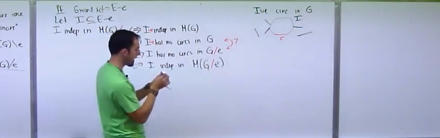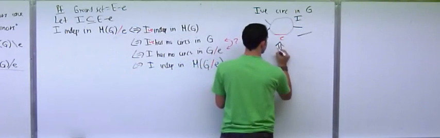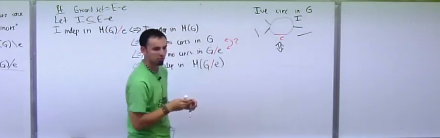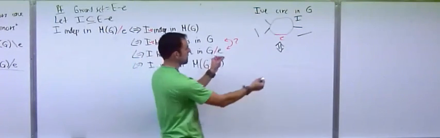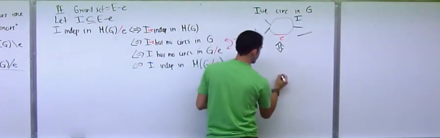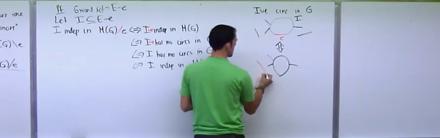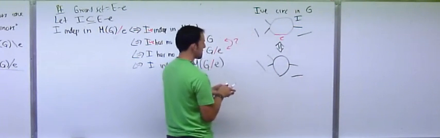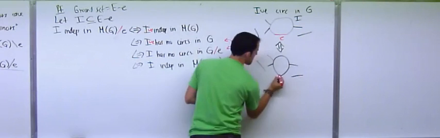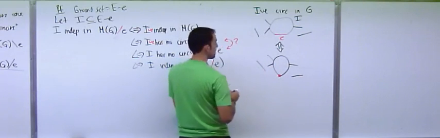That's my sketch of I union E. What's going to happen when I contract E? These two guys are going to get identified, and I'm going to get my cycle. Everything else stays intact, except these two guys got identified. In other words, I have a cycle in the contraction.